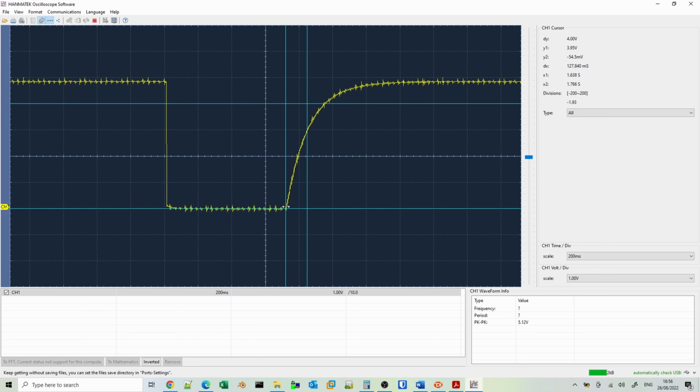So you can see here that 127 milliseconds is much closer to the observed delay between the power coming on and the processor coming out of reset, and this voltage is in fact 3 volts. So it would appear that this particular microprocessor is coming out of the reset state at around 3 volts rather than 4 volts on the basis of this particular time constant.